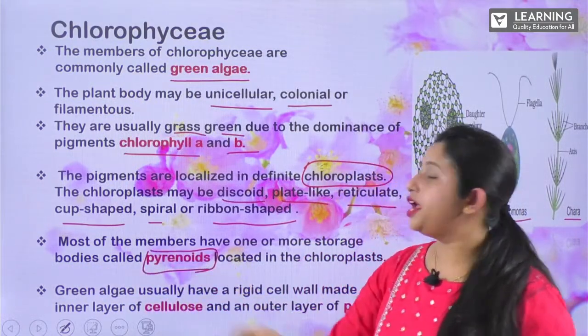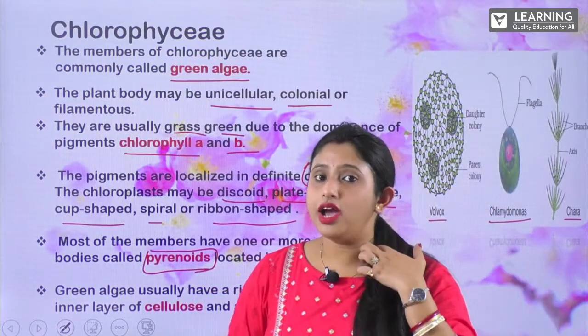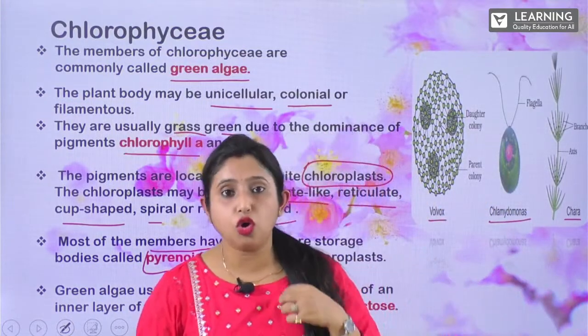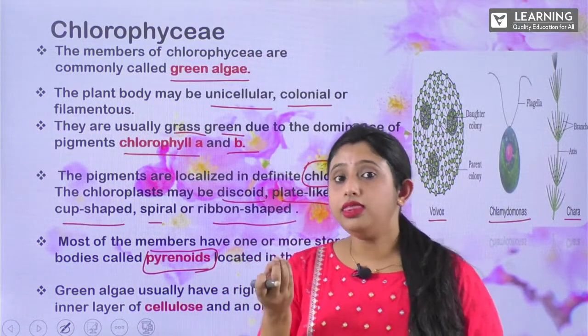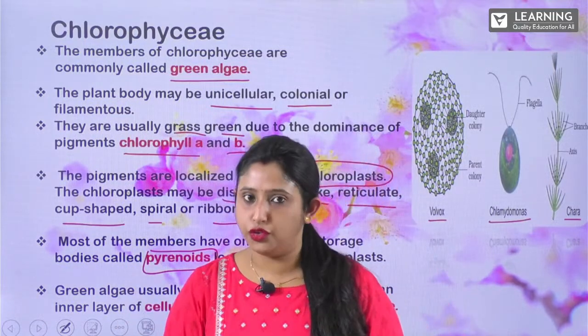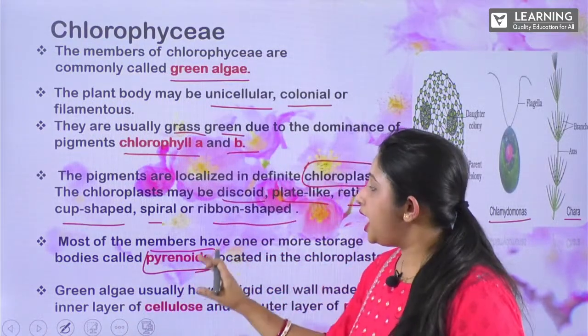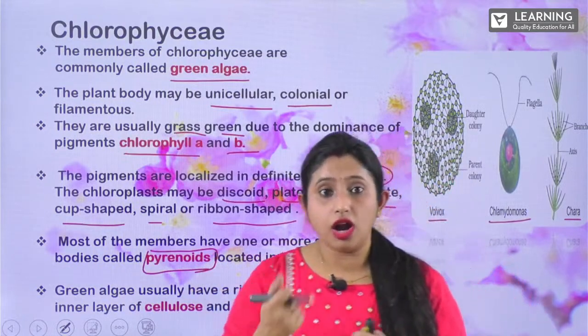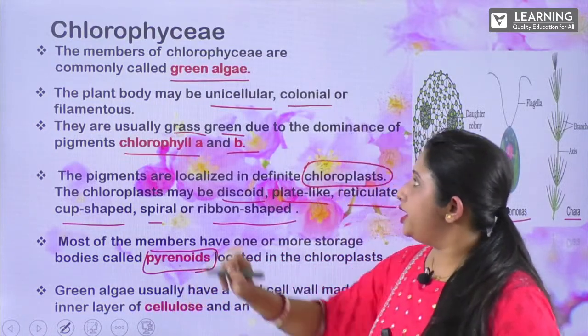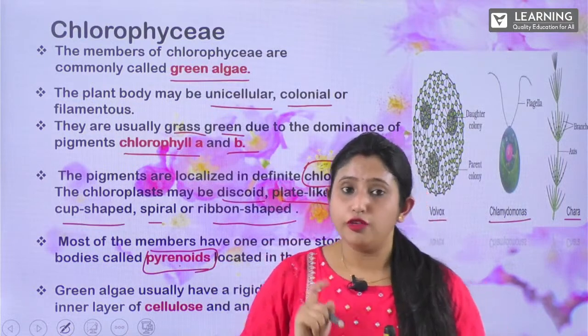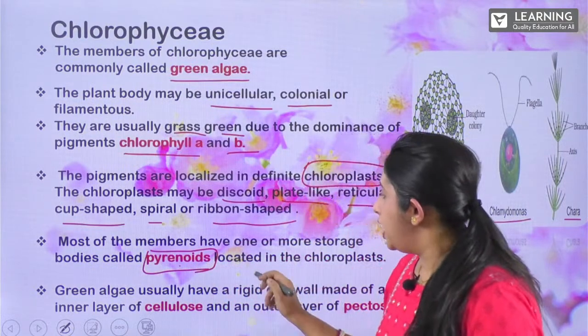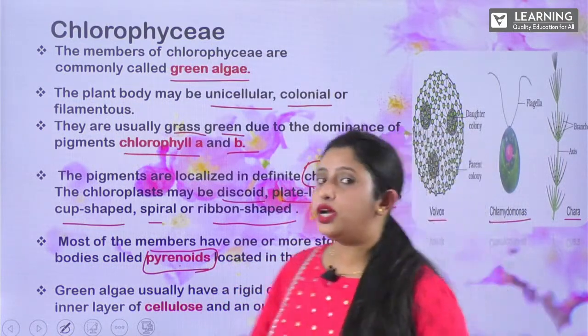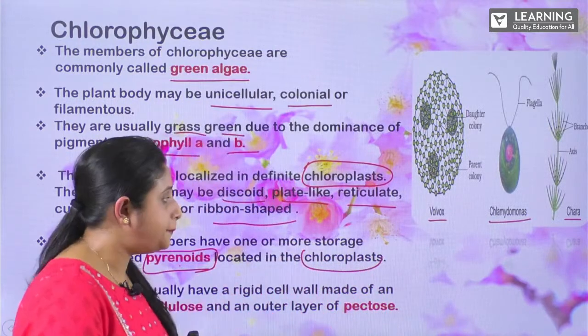The pyrenoids are storage bodies where the algae stores its food, located in the chloroplast.